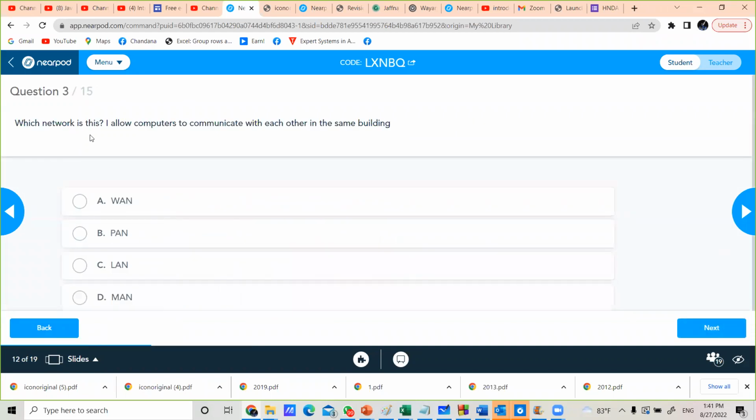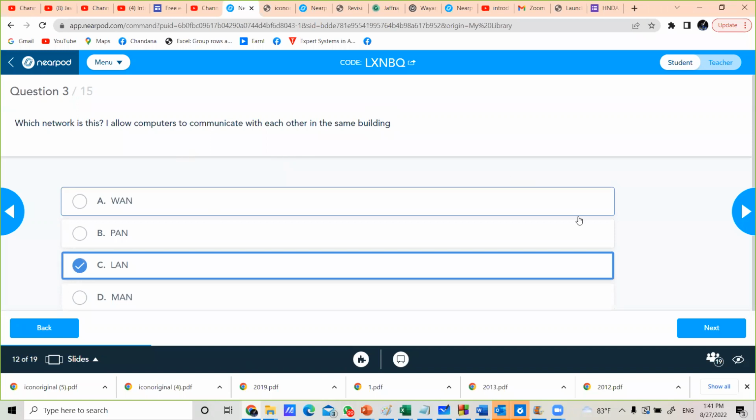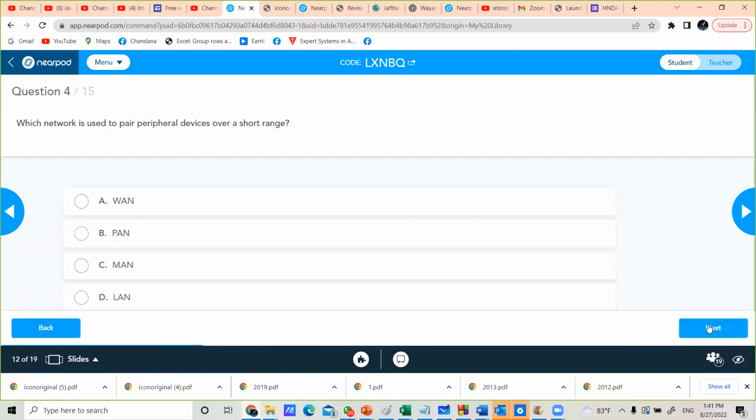Which network allows computers to communicate with each other in the same building? The same building, that means what? LAN, local area network. Which network is used to pair peripheral devices over a short distance?